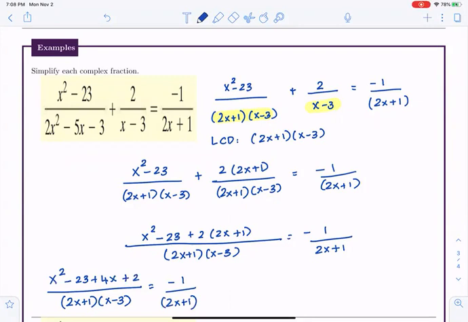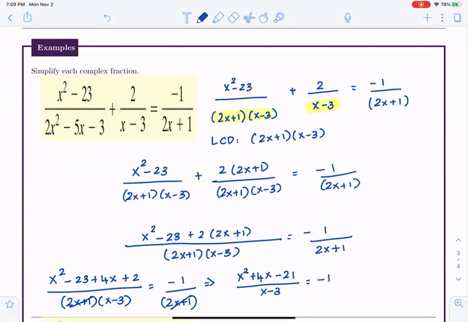So the 2x plus 1 will go away because I have written the right-hand side as a single rational expression and the left-hand side as a single rational expression. So I end up having x squared plus 4x minus 21 divided by x minus 3 equals negative 1.